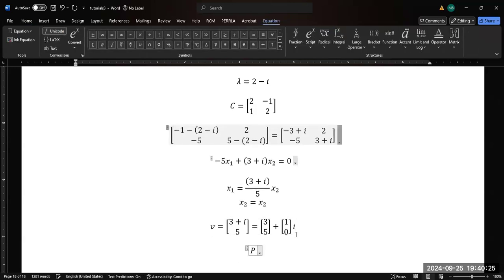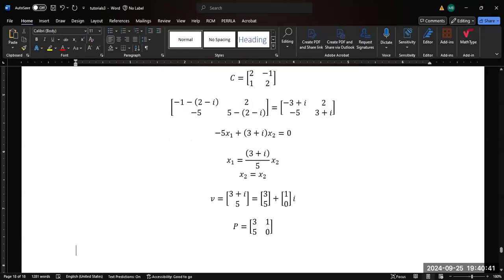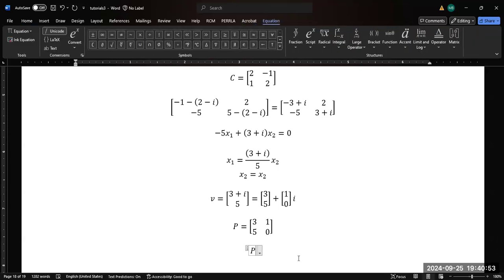And so my P transformation matrix should be 3, 5, and 1, 0. And so now what is left is to find out if this in fact works, or if I need to multiply in the reverse direction. So let's find out what P C P inverse is equal to.